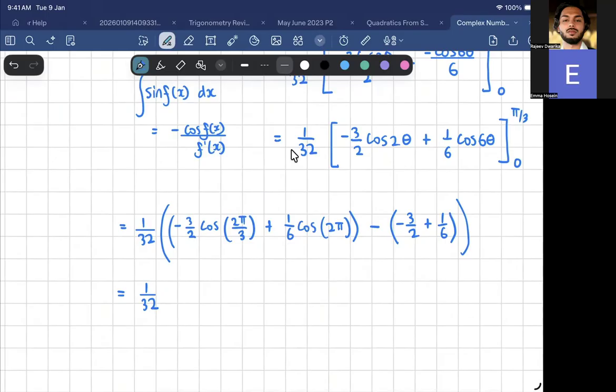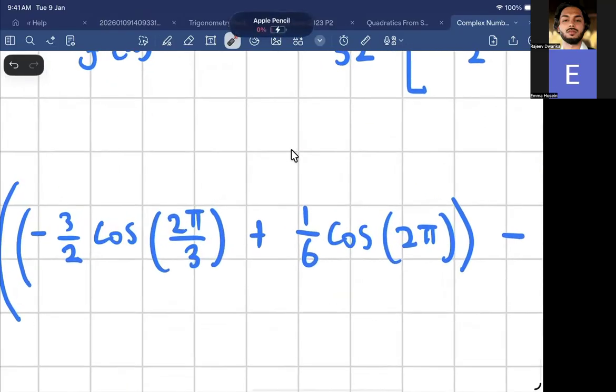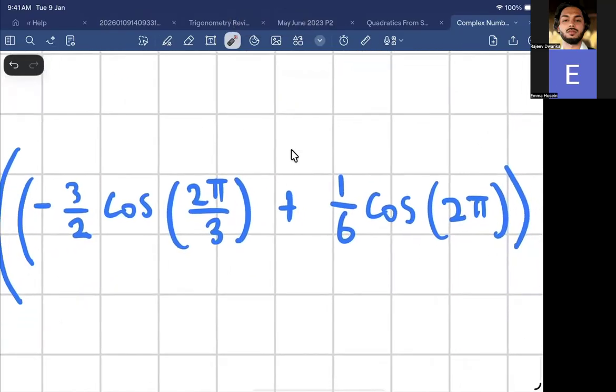Well, 2 pi is 1. So that'll be minus 3 over 2 plus 1 over 6, which I think is minus 4 over 3. No, that's 11 over 12. I think it's supposed to get 11 over 12 for this. I got 11 over 12 for the other one. Oh, no, this is supposed to be 11 over 12. Yeah. And the other one I think is supposed to get minus 4/3.